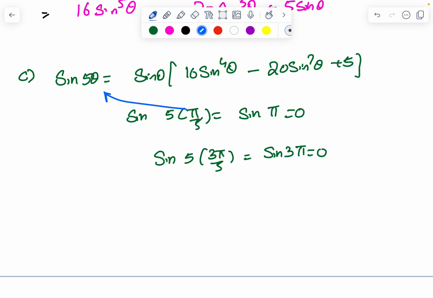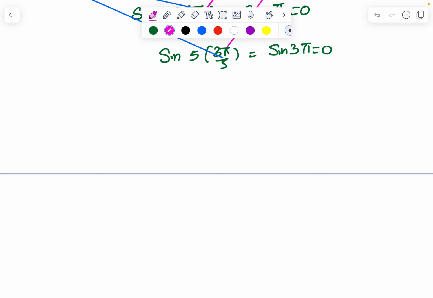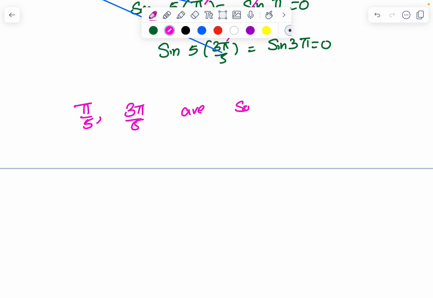So pi by 5 is a solution for this one, and 3 pi by 5 is also a solution for this one. So automatically understood, pi by 5 is also a solution for this, and 3 pi by 5 is also a solution for this. So pi by 5, 3 pi by 5 are solutions for 16 sine to the power of 4 theta minus 20 sine square theta plus 5 equals 0.